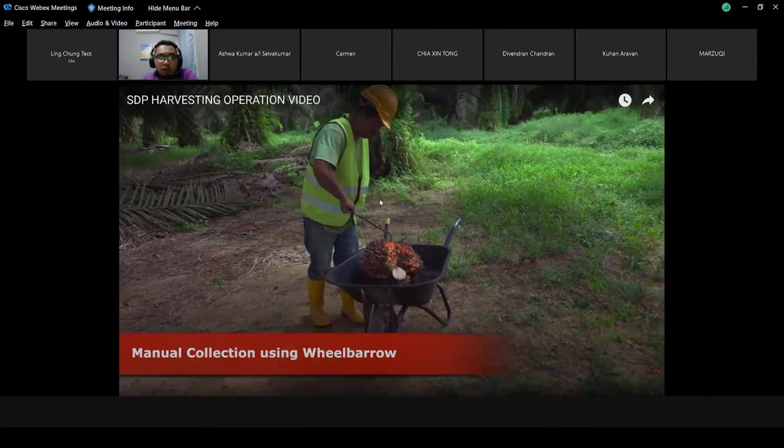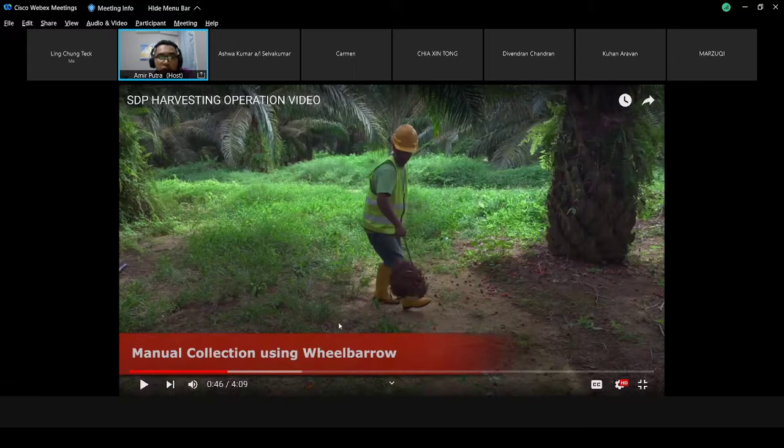Okay, normally they will collect using this wheelbarrow. It's manual collection. You see here there is fruit left, so this one also needs to be collected because the fruit on the ground basically has the highest quality compared to that on the FFB.